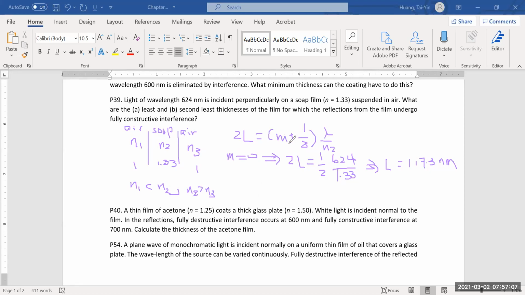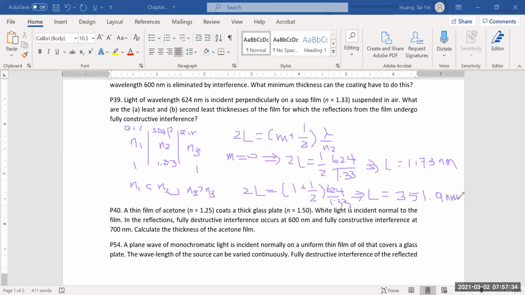The next one will be when M is equal to 1. So you have 2L equal to (1 + 1/2), and then 624 over 1.33. So then you'll be able to get your L, and you have your L that's about 351.9 nanometers.